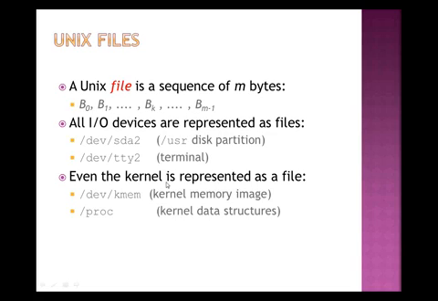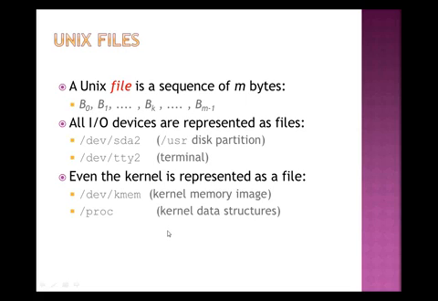Next says even the kernel is represented as a file. As I told you, everything in Unix is treated as a file. This is also treated as a file, starting with the device directory, dev, then kmem, that is the kernel memory image. Then next is proc, the kernel data structure.